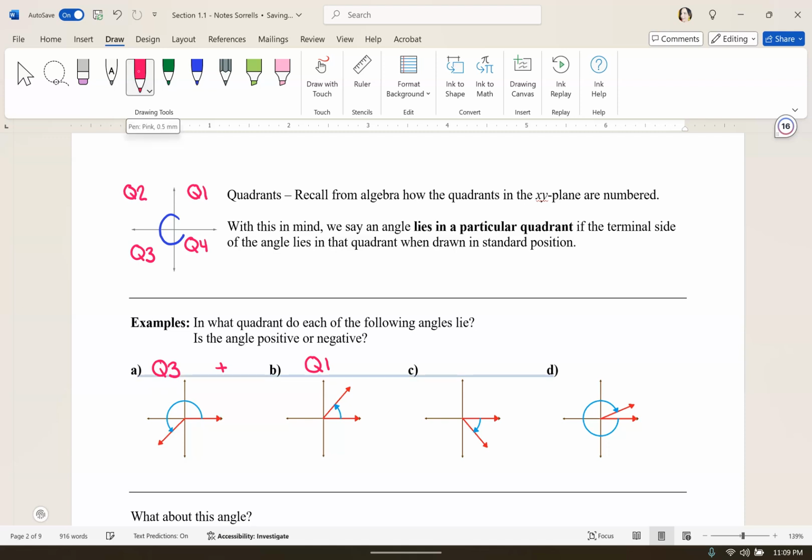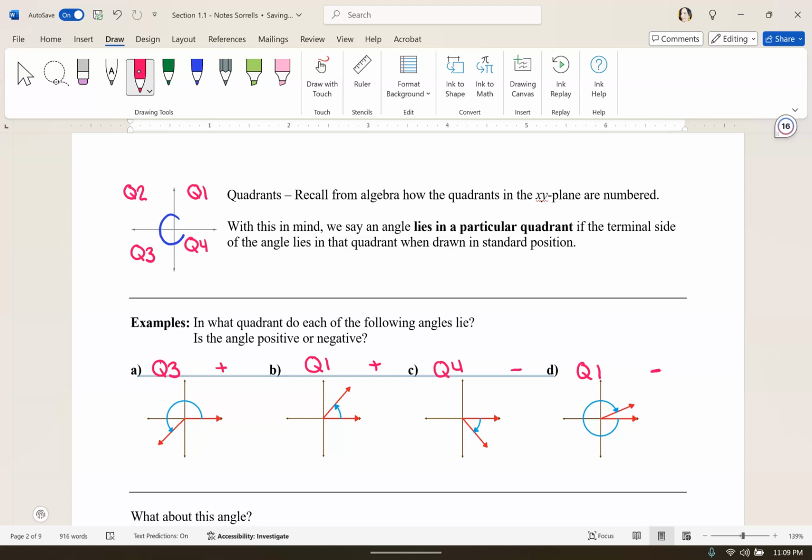Again, I went up, so this is a positive angle. C, you should have told me quadrant 4, and because I went down, that's a negative angle from that starting point. D, you should have told me quadrant 1, and notice I go down to get there. I'm going all the way around like this, so that means negative because I went down.